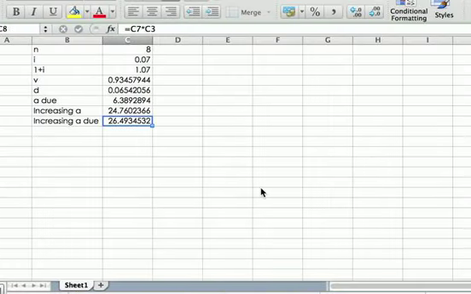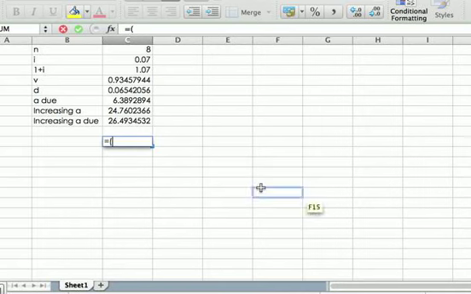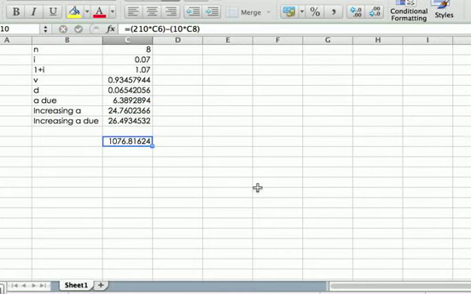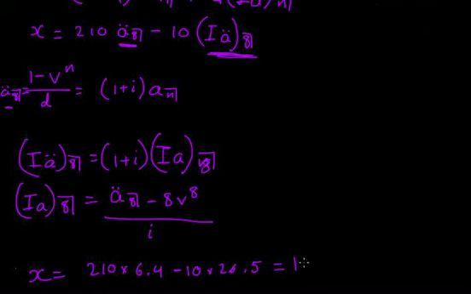So this is 210, in brackets, multiplied by the annuity due, and then minus 10 times the increasing annuity due. And so the answer is £1,076.82. Keeping the comma, remember the units that we're in are pounds, and so that's the answer. Thank you very much.